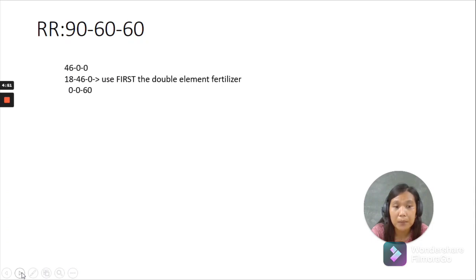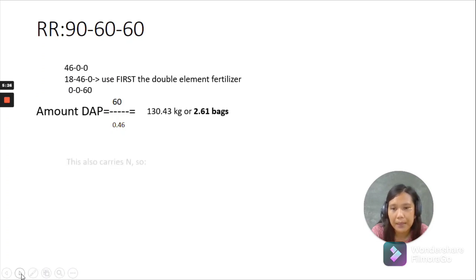So, we use first the double element fertilizer. Again, the DAP, diammonium phosphate, 18-46-0. So, the amount of diammonium phosphate is equal to 60, the recommended rate, divided by 0.46, the percentage in decimal, which is equal to 130.43 kilograms or 2.61 bags.